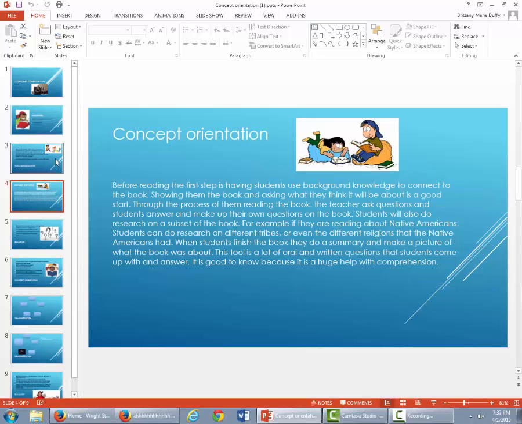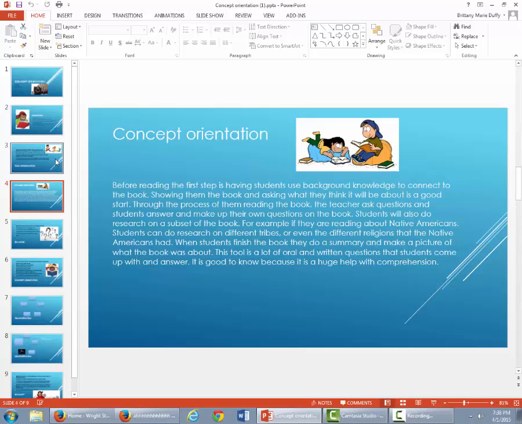Or you might have a group of students, so you have one group of students doing the Miami tribe and one group of students doing the Shawnee tribe. So with this, they learn even more than they possibly could with just reading the book. They really go in depth about what the book is about and learning what's inside of the book, researching and going through it. And again, this helps them with comprehension.